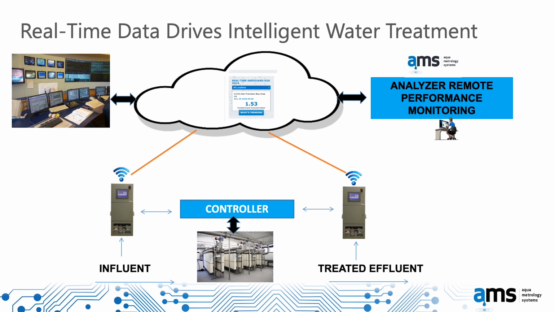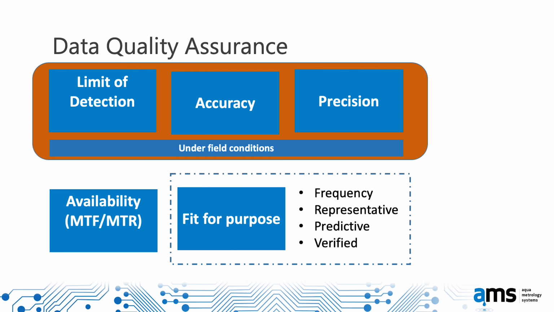Uniquely, AMS monitors its analyzers in real time to ensure data quality and availability, which I will now discuss. The value of real-time monitoring in a mission-critical role depends very heavily on these parameters, which relate to the data the analyzers generate.